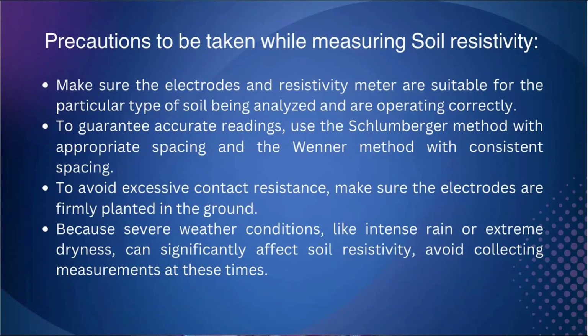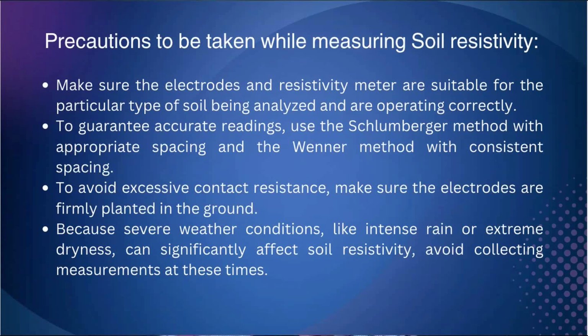Now, there are some precautions to be taken while measuring soil resistivity. First, one has to make sure that the electrodes and resistivity meter are suitable for the particular type of soil being analyzed and are operating correctly. Second, to guarantee accurate readings, use Schlumberger's method with appropriate spacing and Werner's method with consistent spacing.